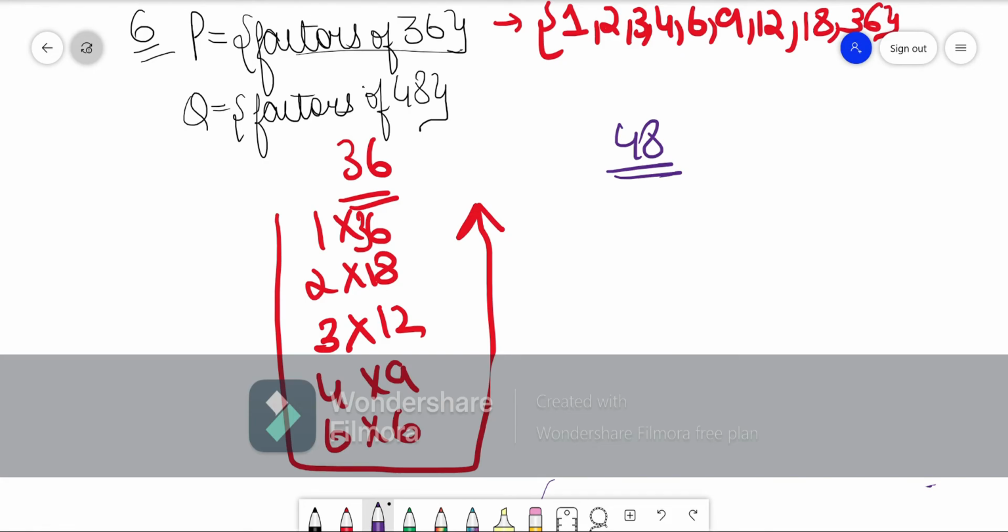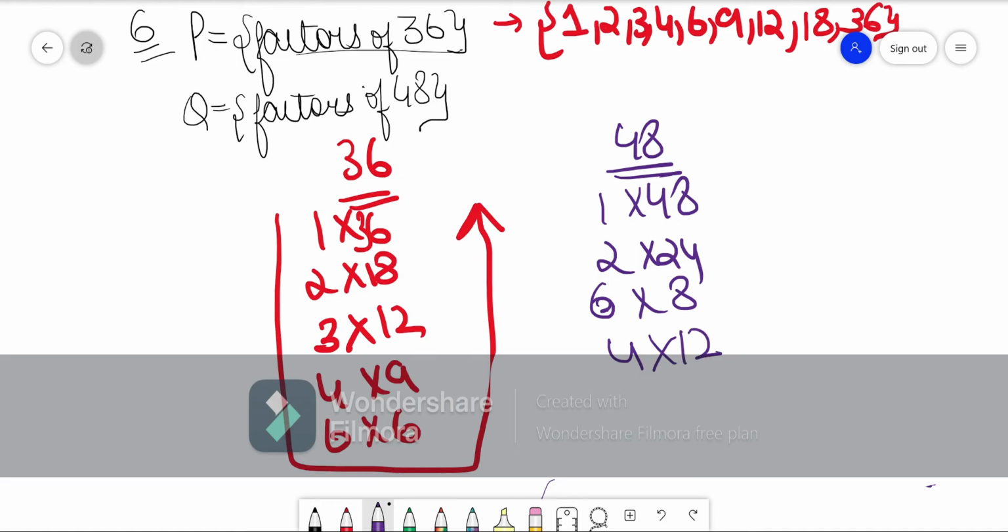So factors of 48 are 1 into 48, 2 into 24, then 6 into 8, 4 into 12. Sorry, I just made a mistake. So 4 into 12, and any factor else I couldn't think. If you can think, then please tell me. 3 into 16.